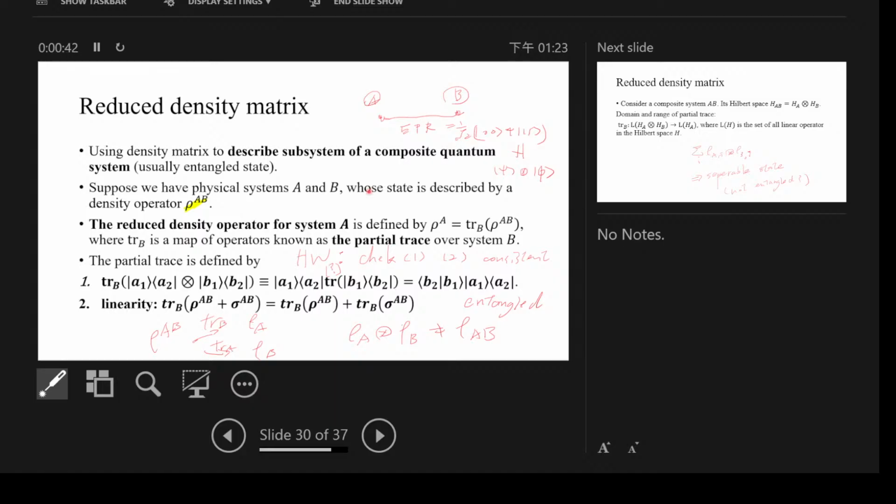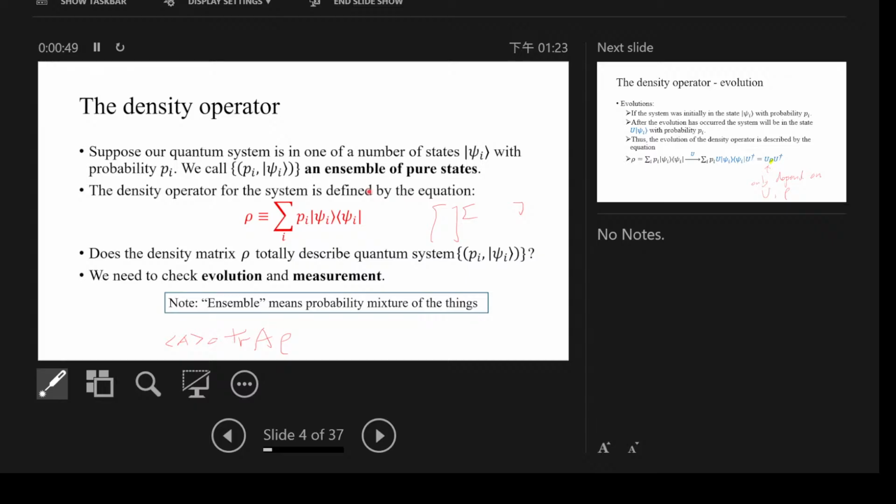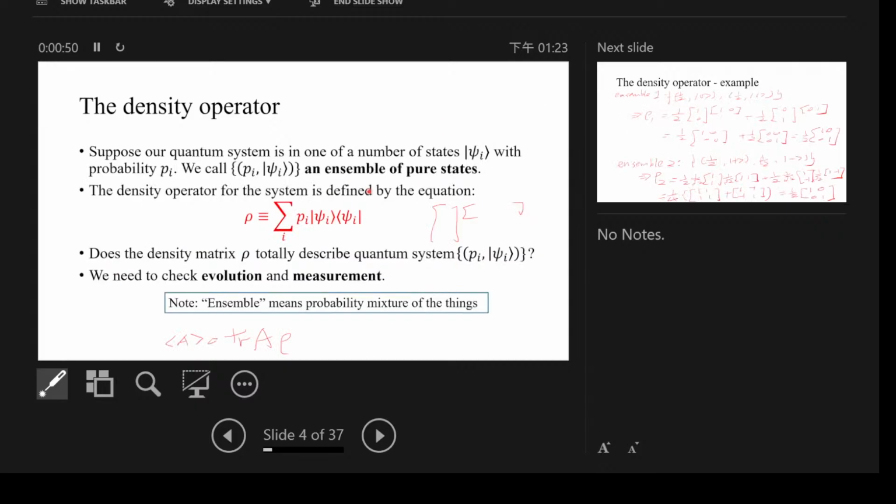Okay, so last time we talked about this idea of density matrix. I guess I should go to the very beginning of the slides. So the density matrix, or density operator, is a quantity associated with an ensemble of pure states.